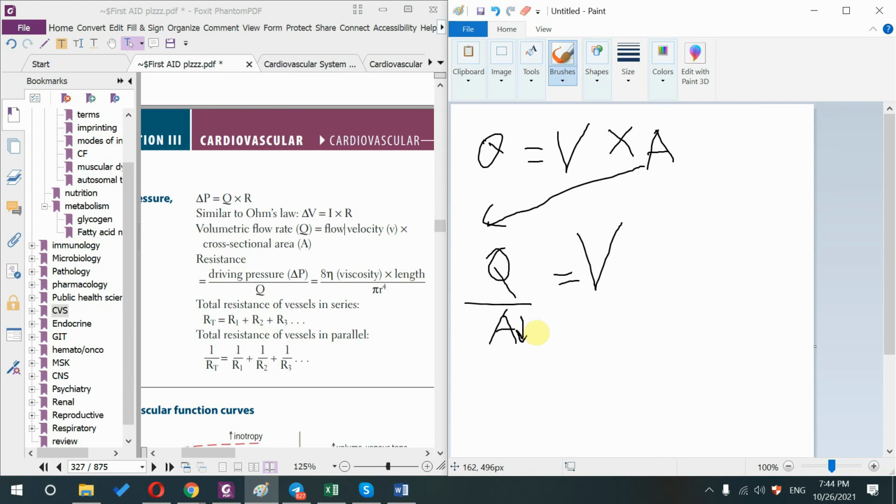The lower the cross-sectional area, the faster the flow. It doesn't mean the amount is bigger. It just means it's faster, and that's important to know. So it's like the water hose I told you about. If you make it smaller, the velocity goes faster. It does not make you pass more of it. You pass less of it, because if this goes down, this goes down. You have less water going through, but much faster. So yeah, that's the water hose concept.